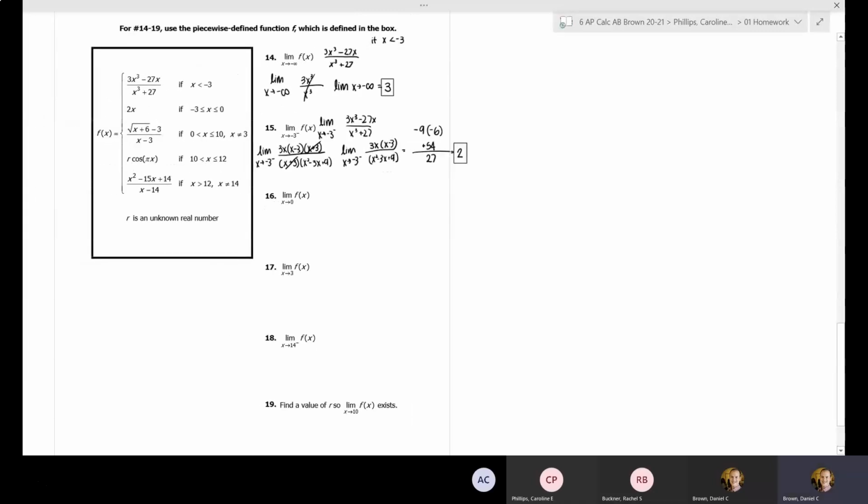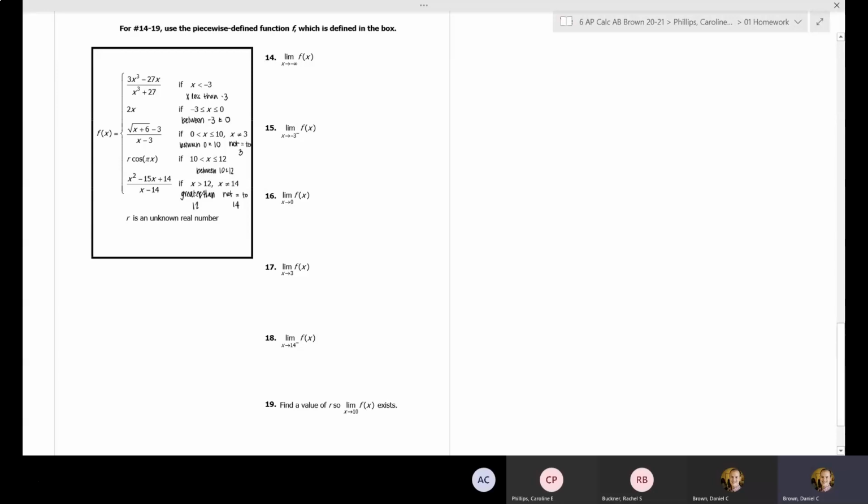You still have to make sure you choose the right piece of the graph. So for this first one, if x is going towards negative infinity, then that's going to be this function, where x is less than -3.